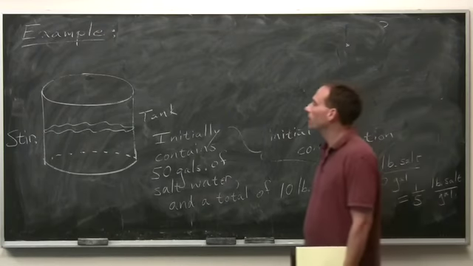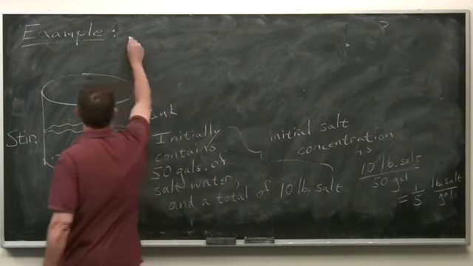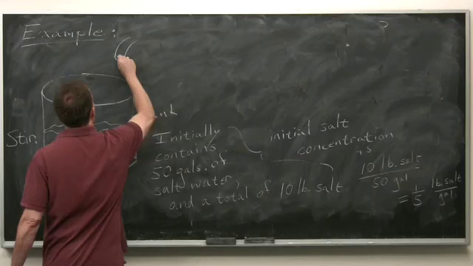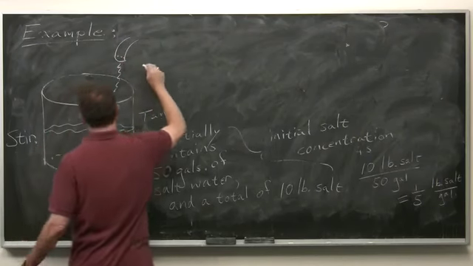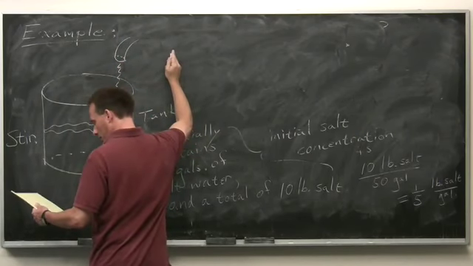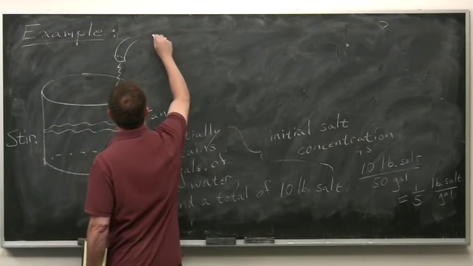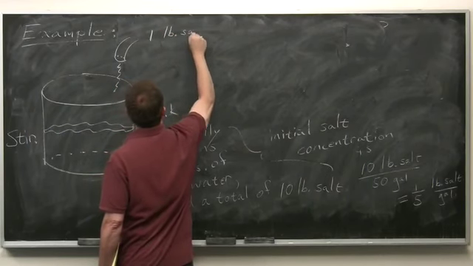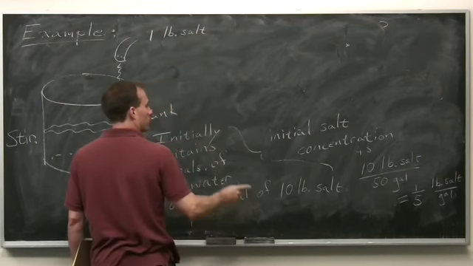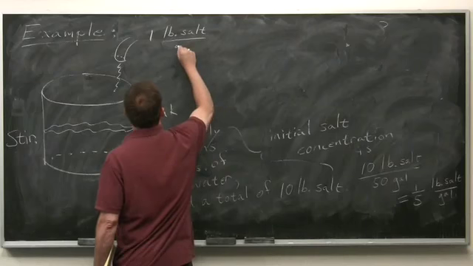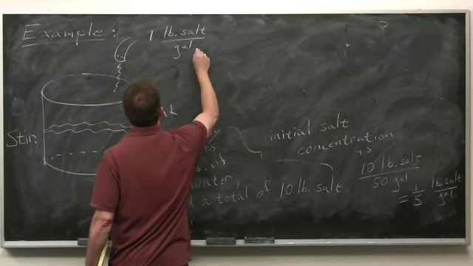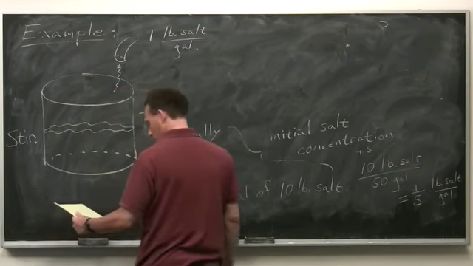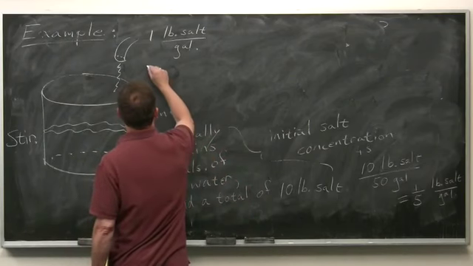Nowhere yet. Now we're going to have salt water coming in. So suppose salt water that has 1 pound of salt per gallon. So I've got salt water coming in. It contains 1 pound of salt per gallon, so it's much saltier than the water that was initially in there, and let's assume it's coming in at 2 gallons per second.